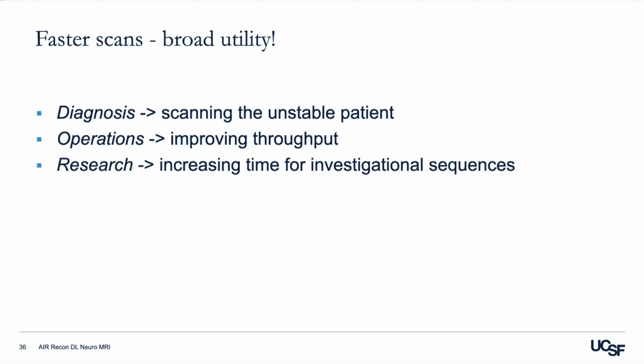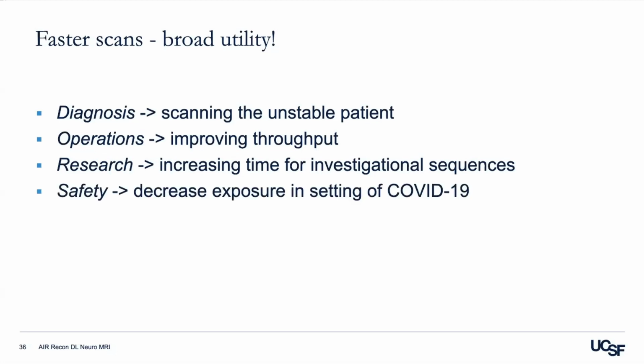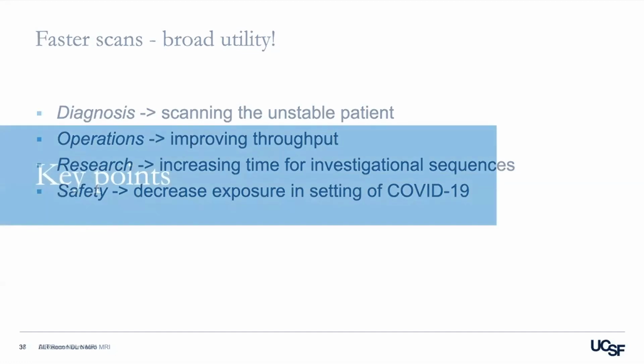That's something we're really excited about, being able to apply this tool to cut some sequences down while maintaining diagnostic quality, and therefore allowing more time for investigational sequences within the allotted scan time slot. And to tie it into current events, there's definitely a safety perspective here, where you can use this to speed up your imaging and decrease exposure in the current pandemic setting.